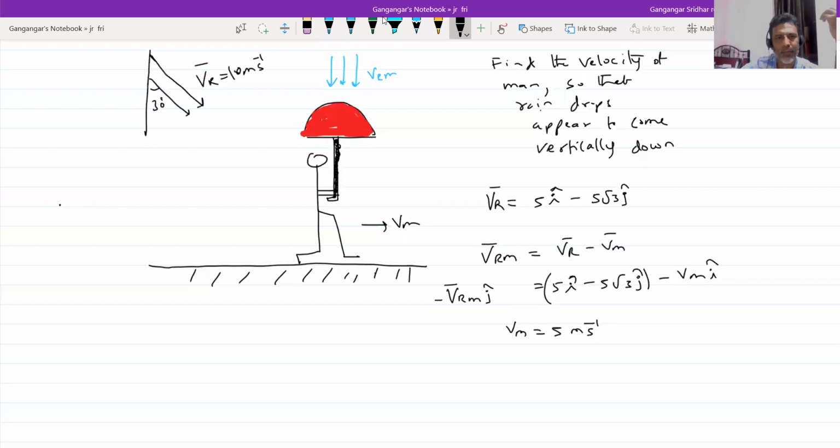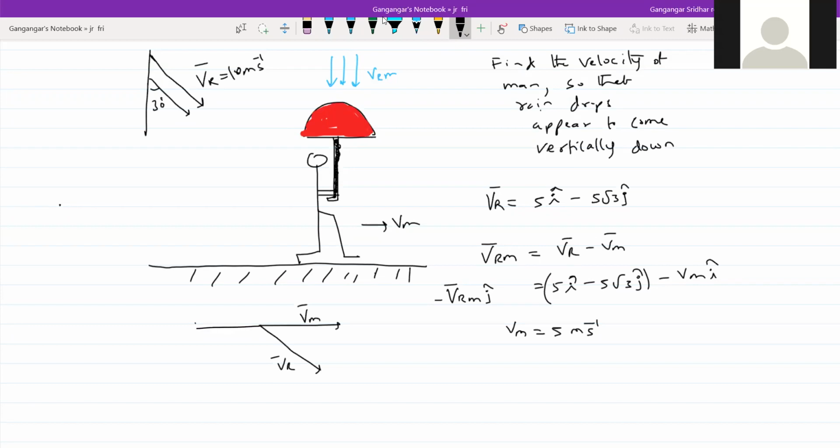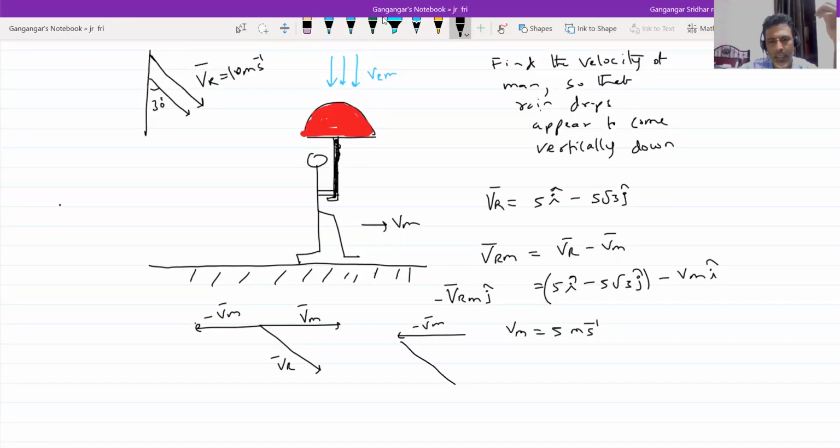How is the vector diagram? Whatever the vector diagram here. So this is VR bar. This is VM bar. And this is minus VM bar. So finally it will be minus VR bar. This is VR bar and the VRM bar. The VRM bar will now be directed vertically down.